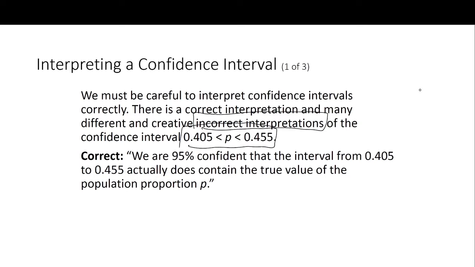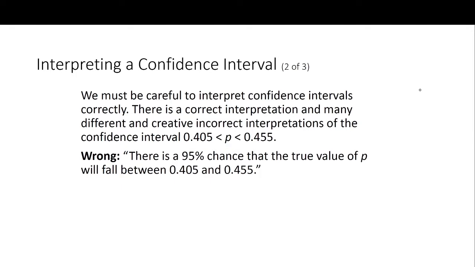We are confident that the population parameter would be in between these two numbers, 0.405 to 0.455, with the confidence level 95%. The meaning of that is we are 95% confident that the interval from 0.405 to 0.455 actually does contain the true value of the population proportion p. So that is the meaning of confidence level.